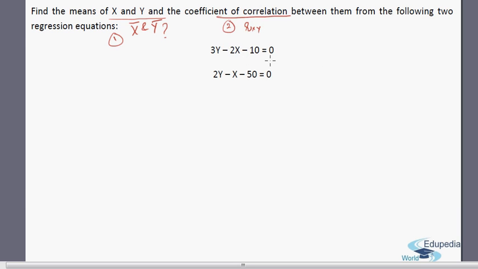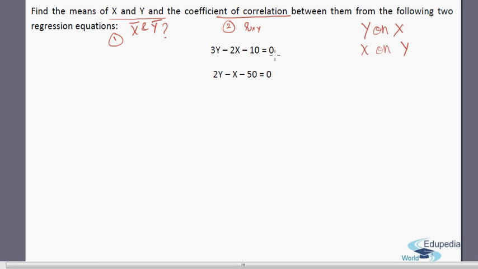Well, we have two regression equations this time given instead of the data. Okay, so it's something reverse of what we used to do. We have the solution and we need to go back and get the means and the correlation coefficient. Alright, so in these cases what we do is we take one equation at a time and we assume, since there are two equations, that one of these would be an equation of y on x and the other would be for x on y, and we know that regression can't be reversed.